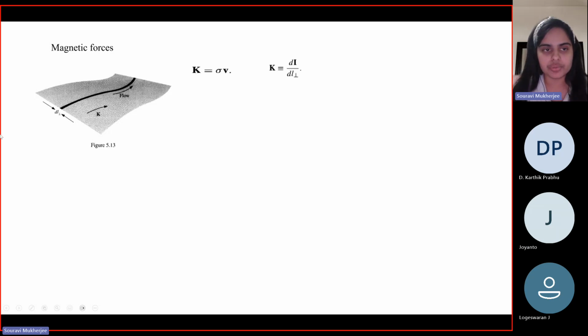Basically, you take a small section of your sheet. So dl perpendicular is a small length perpendicular to the flow direction, as you can see here. Flow means velocity direction, and you have taken this length to be a section in the perpendicular direction. So K is given as dI by dl perpendicular.